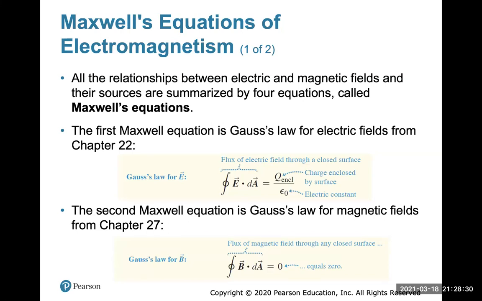Even Maxwell's description of it was complex. There were 20 different equations, and they weren't necessarily all that elegant, but it was Maxwell that started this work.